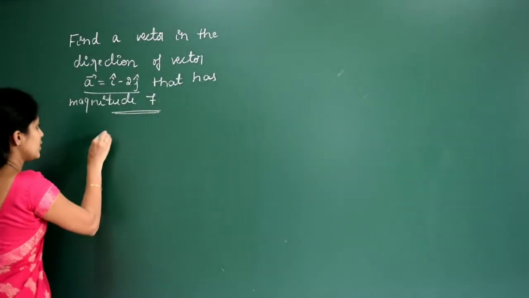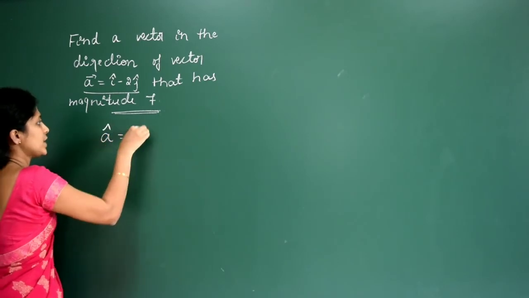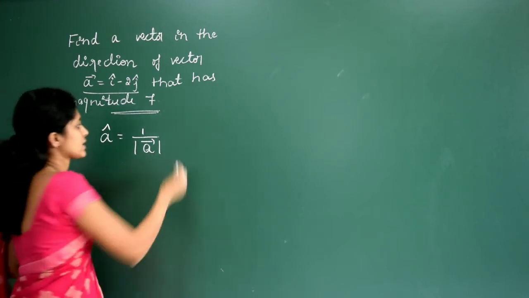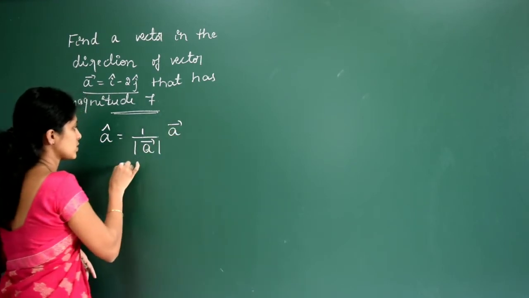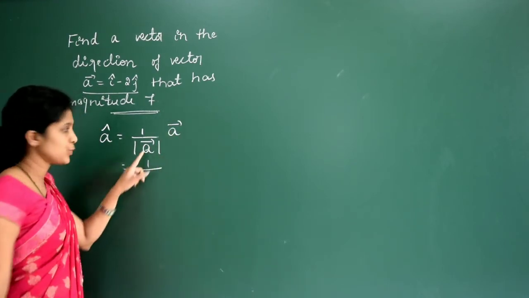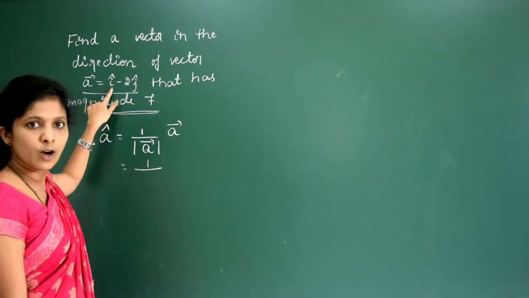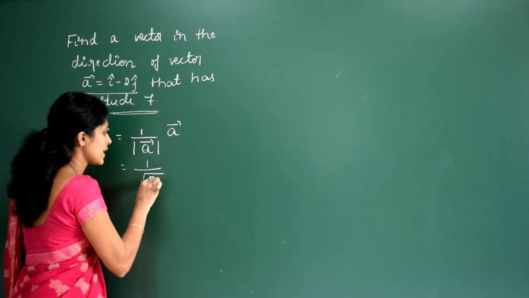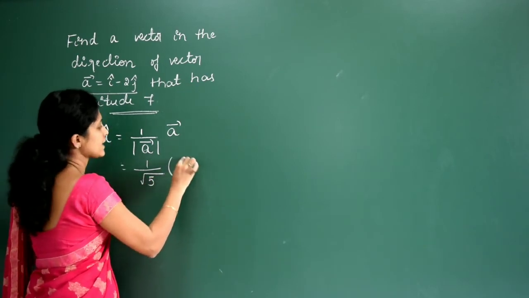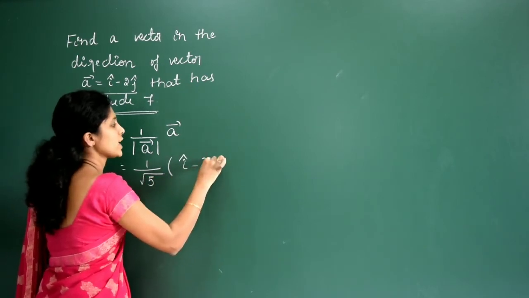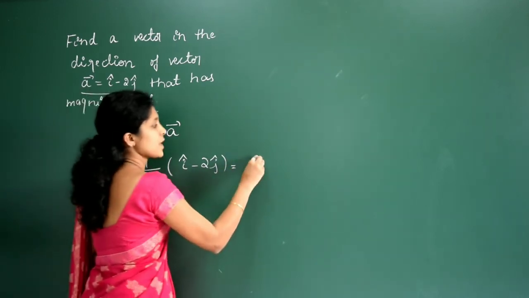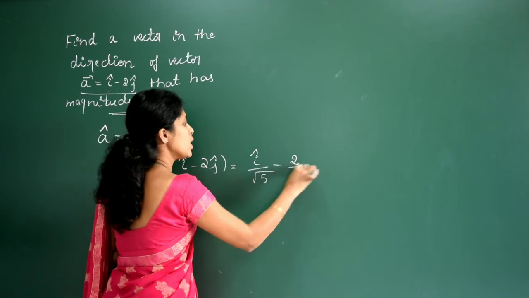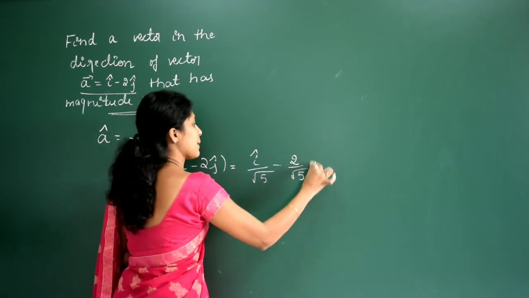Now first we will find the unit vector. A cap is equal to 1 by magnitude of A vector into A vector. So this is equal to 1 by root of 1 plus 2 square, which is 4, so root 5, into A vector, i cap minus 2 j cap. So I can write this as i cap divided by root 5 minus 2 by root 5 j cap.